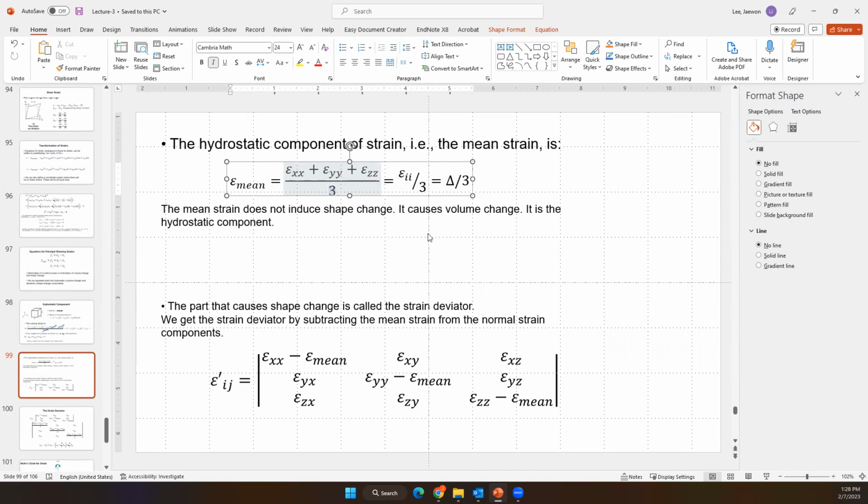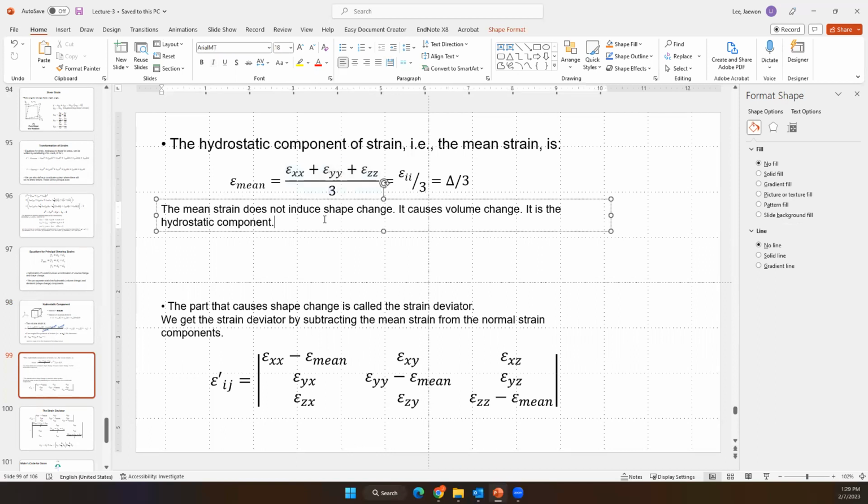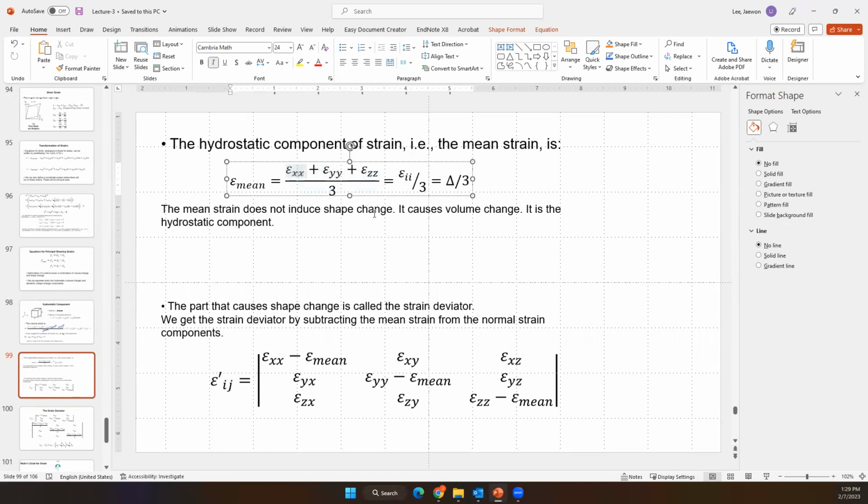But this strain cannot make the shape changes, because it is related to the x direction.